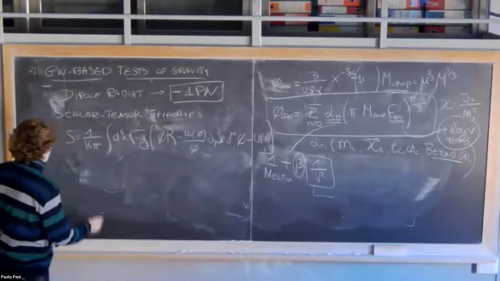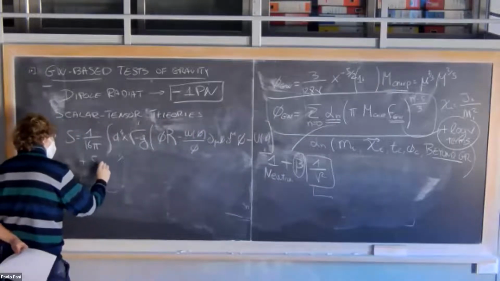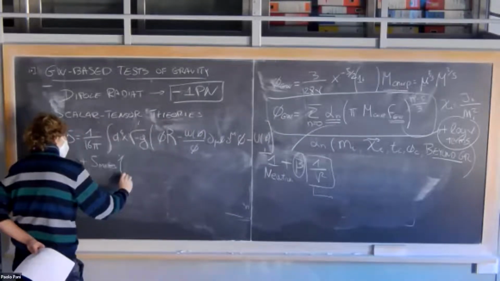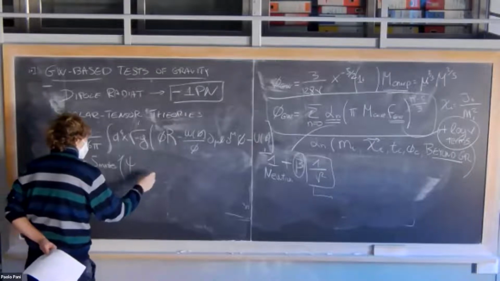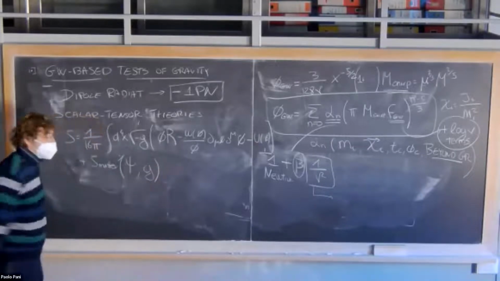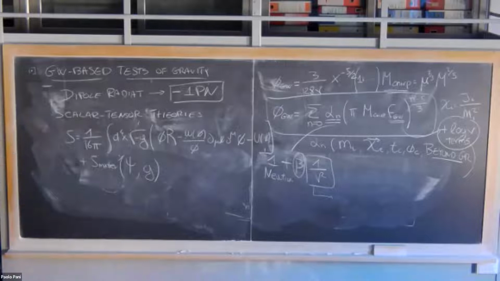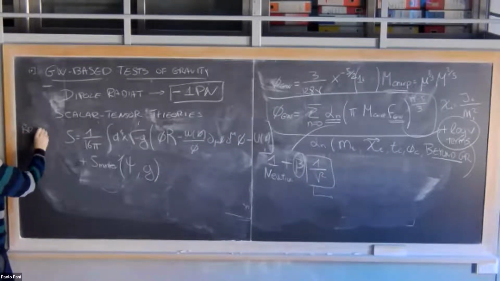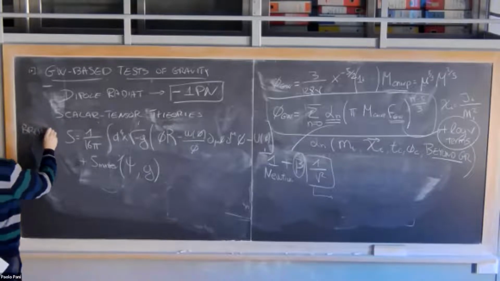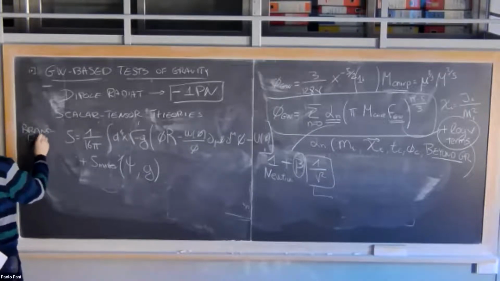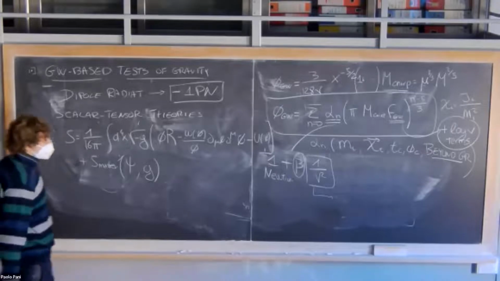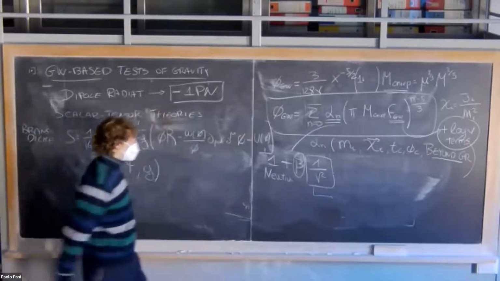Typically the matter sector depends on some field, let me call it psi, and is minimally coupled to the metric. This is called Brans-Dicke theory. Actually, Brans-Dicke theory is without a potential, but that doesn't really matter.